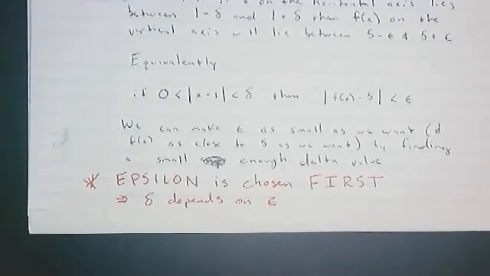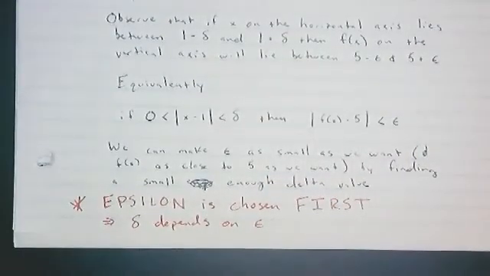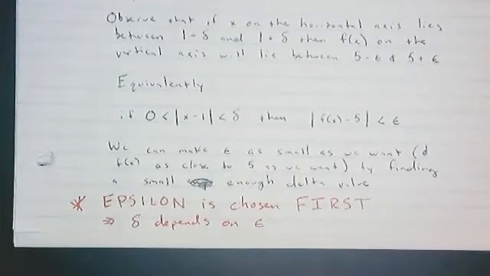So this last statement says we can make epsilon as small as we want, and therefore f of x as close to 5 as we want, by finding a small enough delta value. And so the question that comes up is, how small is small enough for a specific situation? Our first example is going to look at that.